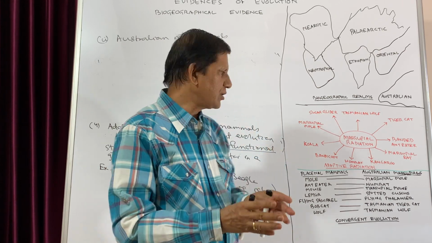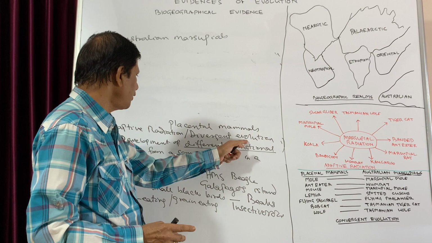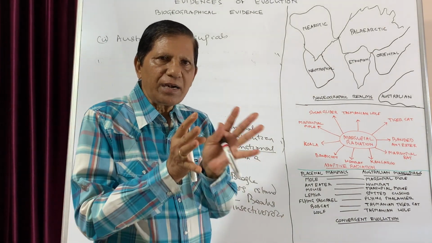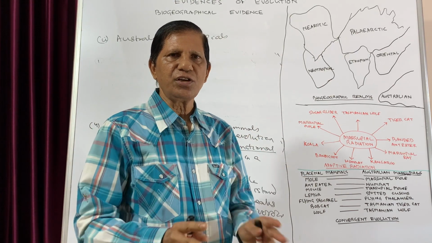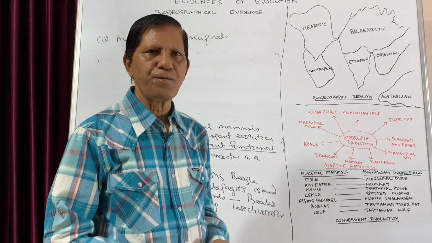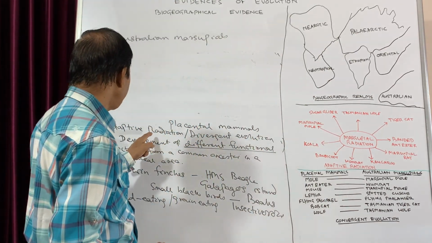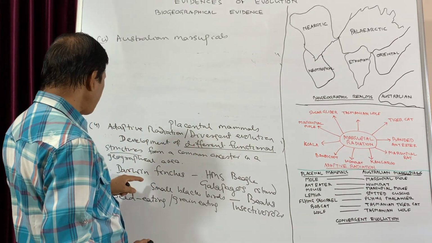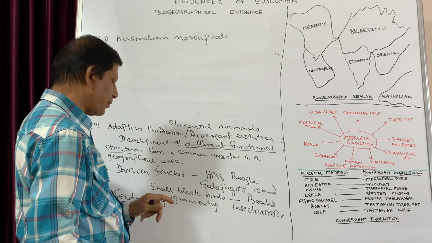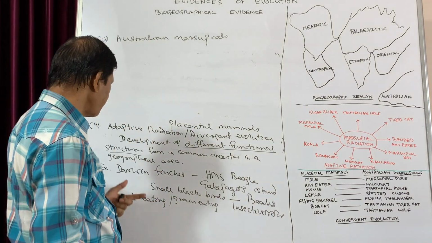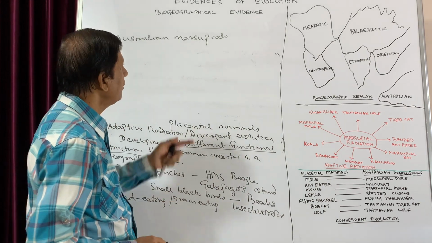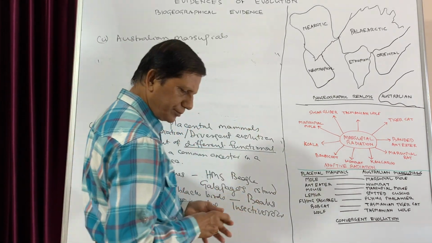That is known as divergent evolution or adaptive evolution, because they have adapted their structures to do a particular function. This is known as adaptive radiation or divergent evolution. So these are the two best examples, important from the examination point of view. One is Darwin finches, the second is Australian marsupials.